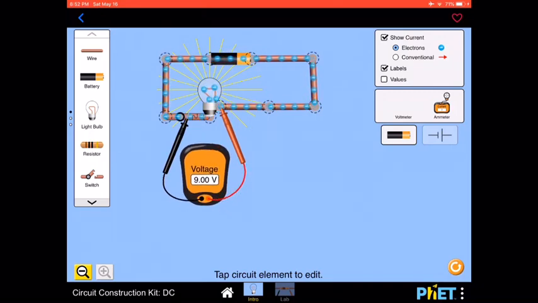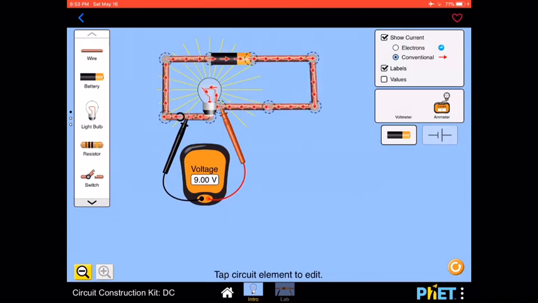It's 9 volts. Now here it's showing electron current. If I change it here, then that shows conventional current, moving from the positive terminal to the negative terminal of the battery.